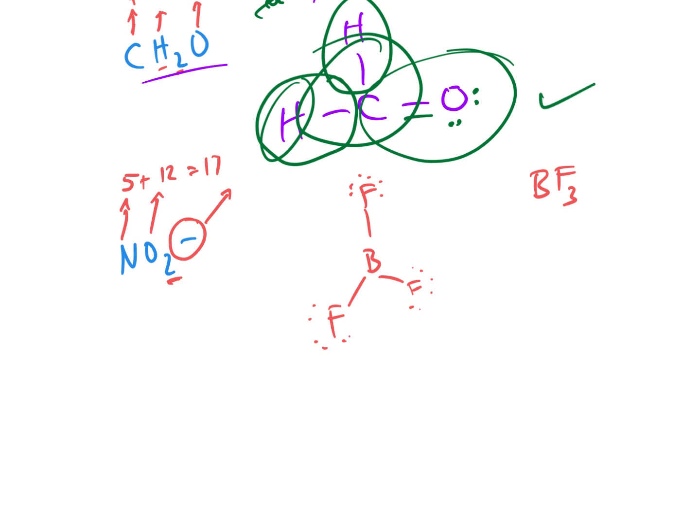But if we decide to take one of those and make a double bond, it won't change the polarity. Okay? That's the wrong way to draw it. We should draw it without that double bond because boron has just 3 valence electrons like we talked about last time, right? So it shouldn't matter, really, for this class anyway.